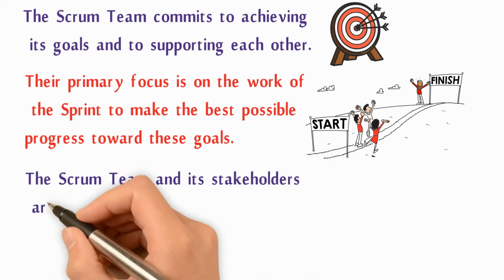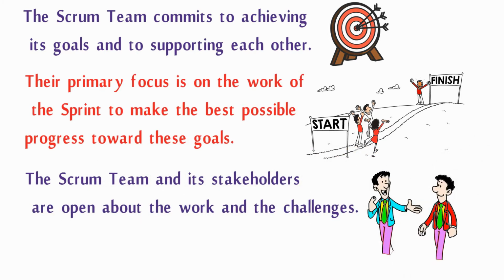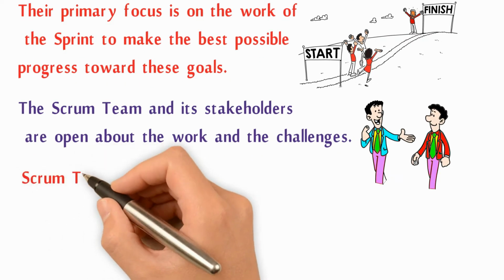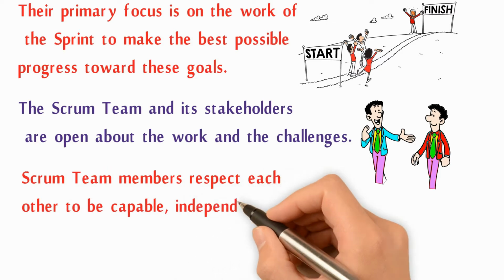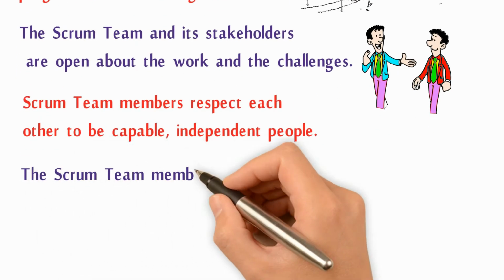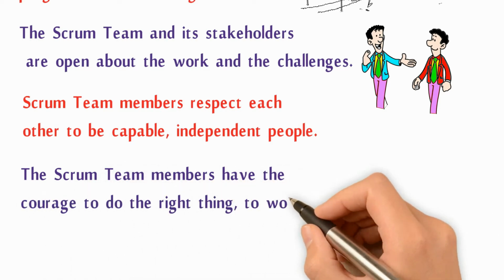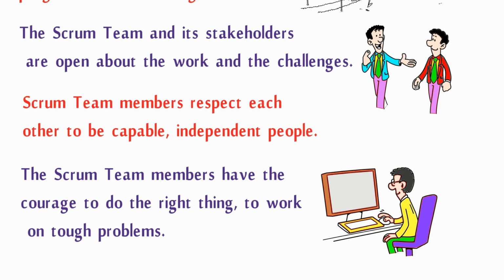The Scrum Team and its stakeholders are open about the work and the challenges. Scrum Team members respect each other to be capable, independent people. The Scrum Team members have the courage to do the right things and to work on tough problems.